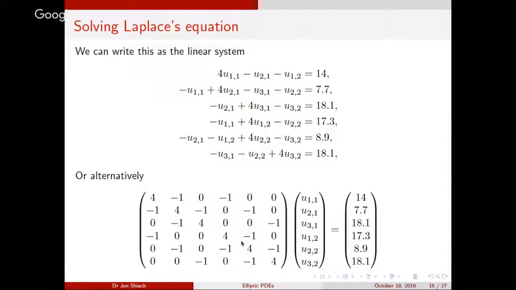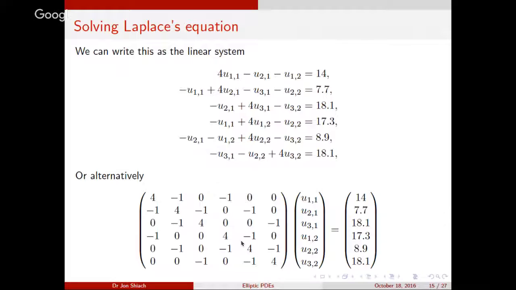6 equations, 6 unknowns, and you know from your work in first year that a linear system of equations can be written as a matrix equation. So here's our coefficient matrix, and here we have a vector of the nodes. Notice I've gone row by column: node 1,1, then across to node 2,1, across to node 3,1, then up to the next row.